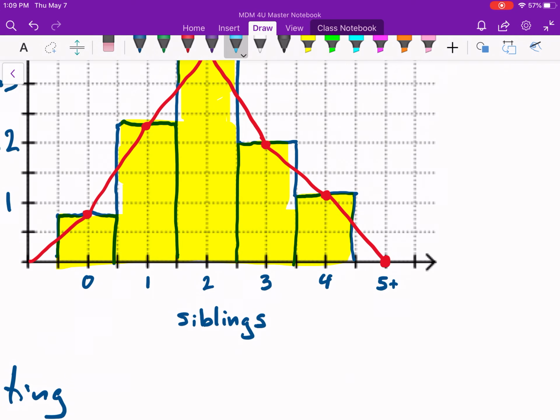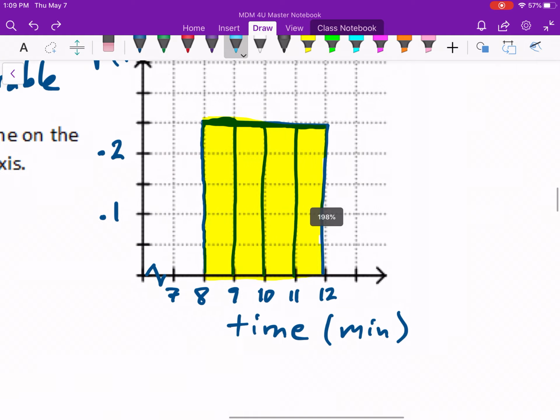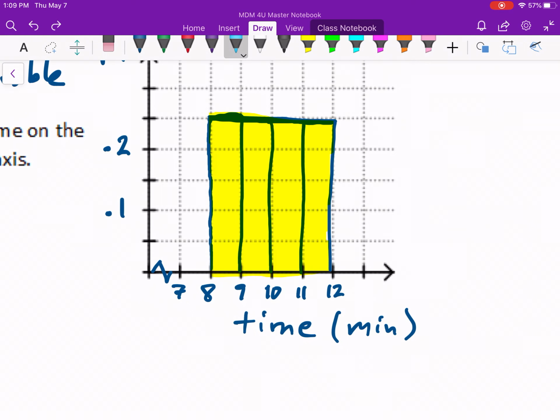When we're dealing with continuous probabilities, we need a starting point and we need an ending point. The starting point for the first interval was at 8. The ending point for that first interval was at 9. Any time that fell between 8 and 9 went in that bar.